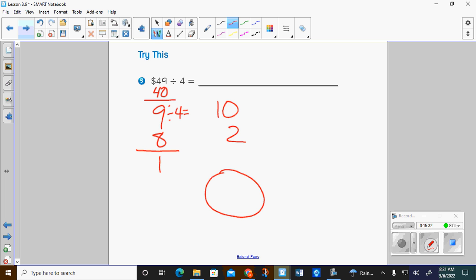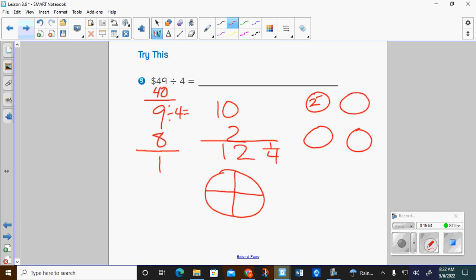So if I take that and divide it in half, each of them's going to get a quarter. So if I add that up, that's 12 and 1/4 of a dollar. And if we think about that, we can divide the money up because we can break it apart. A dollar would divide into 4 quarters.